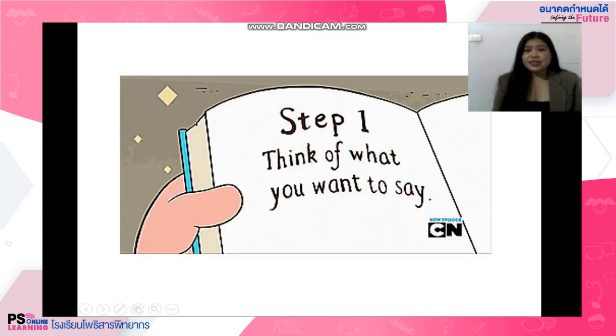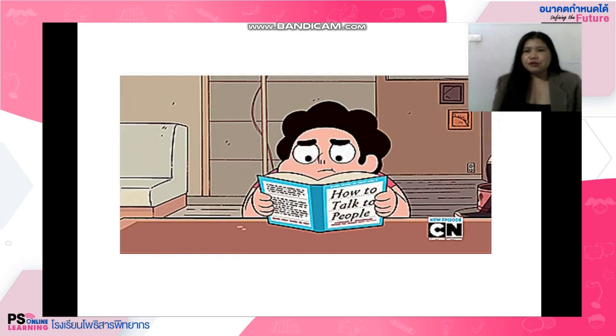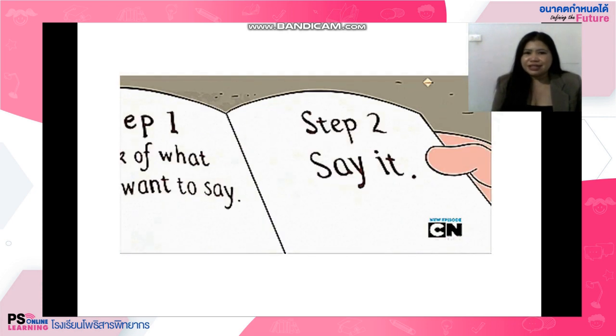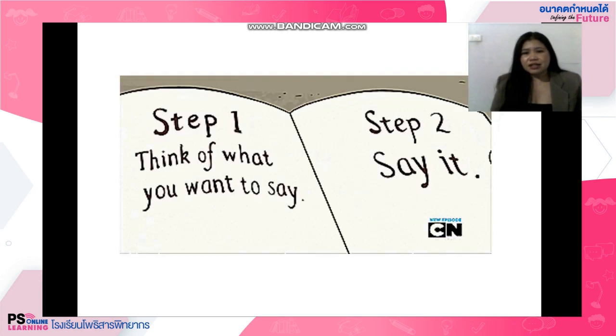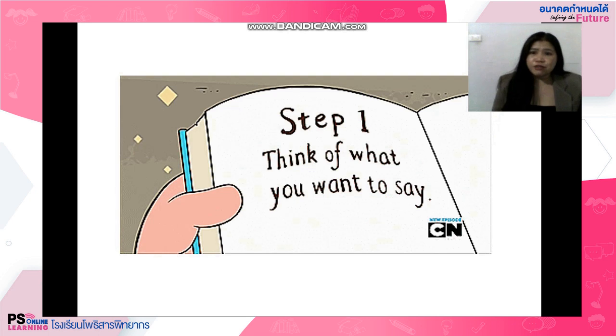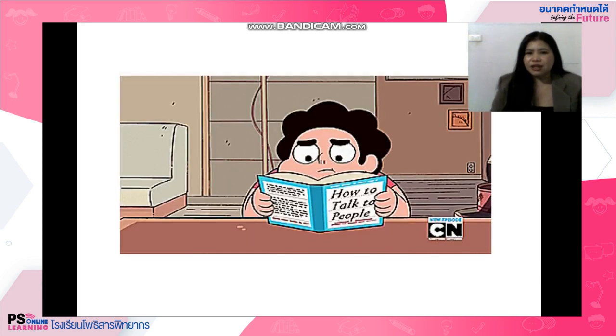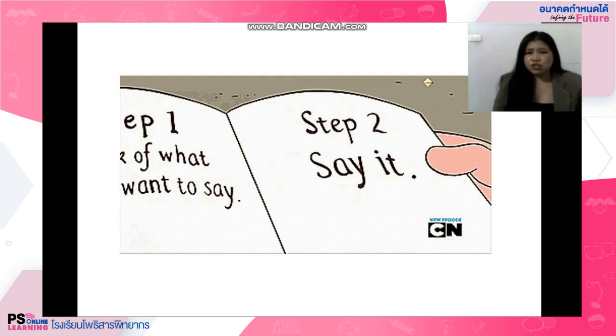So now is the time for the quiz. On the animated photo, you can read step 1, think of what to say, and step 2, say it, because in the classroom it's supposed to be a conversation. But since you are at home, you don't have to say it, you just have to write it. Write the conversation, the same as the conversation structures that I showed you.